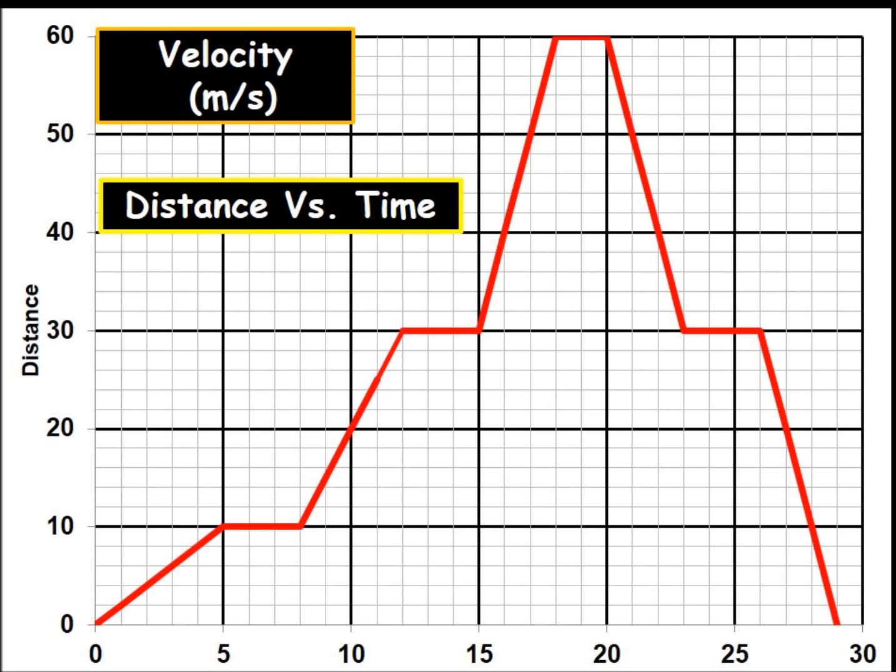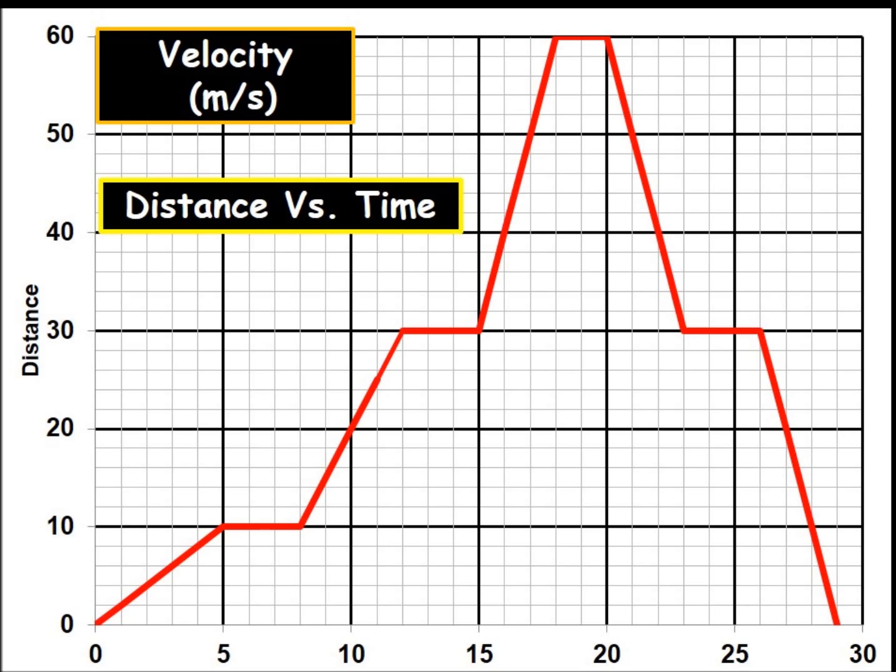For instance, 0 to 5, it's going to be 10 divided by 5 is 2. And it'll be plus 2 because it's in the plus orientation. So it's going to be 10 over 5 is plus 2.